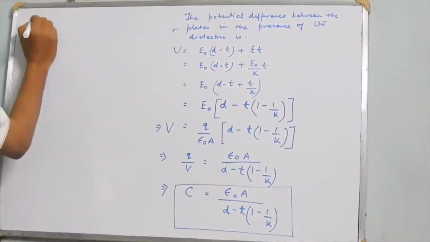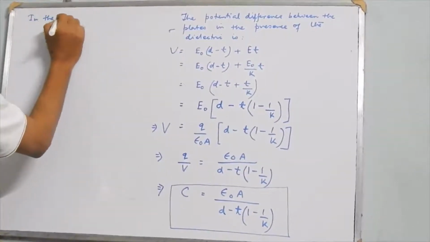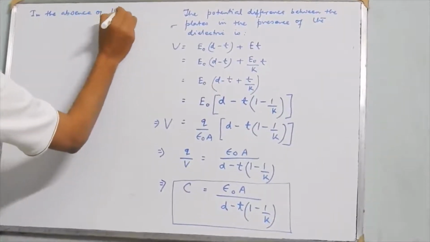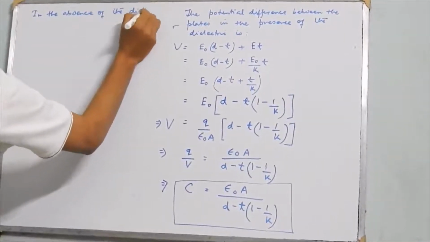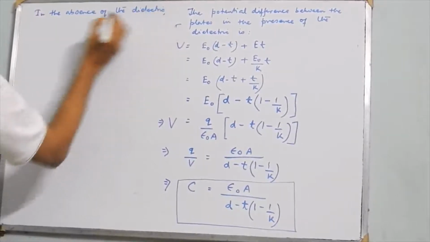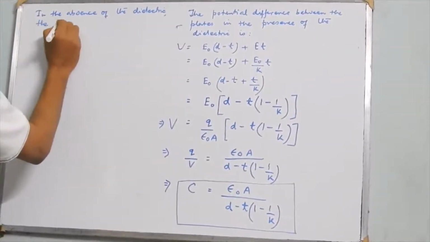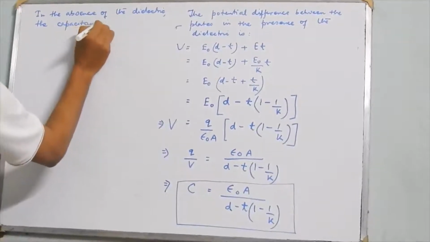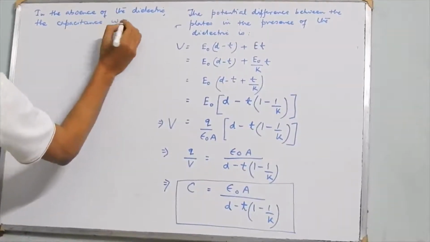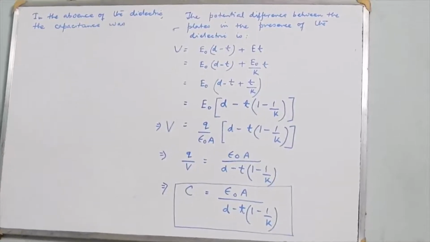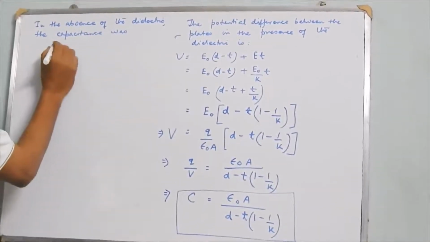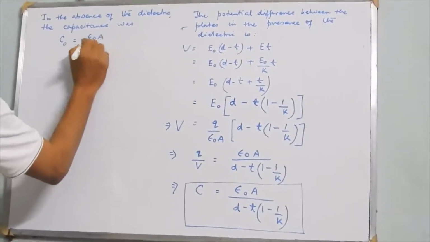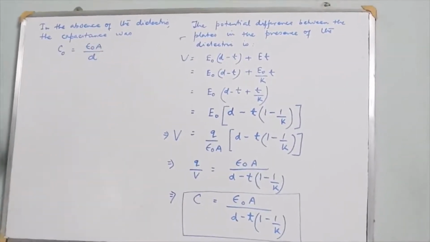So you can say that in the absence of the dielectric, the capacitance was epsilon 0A by D, which we can write as C0 as epsilon 0A by D in the absence of the dielectric.